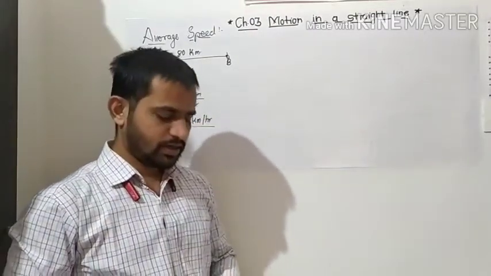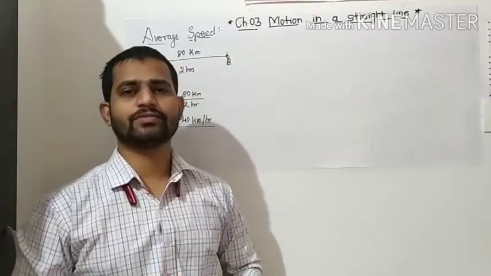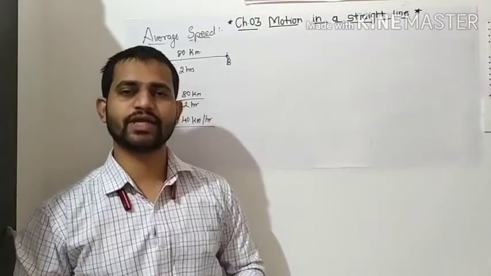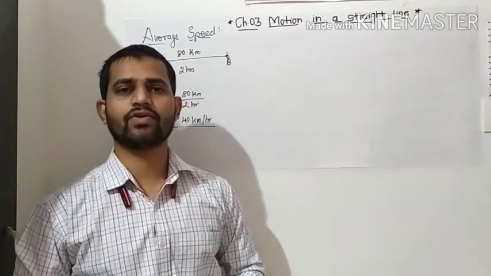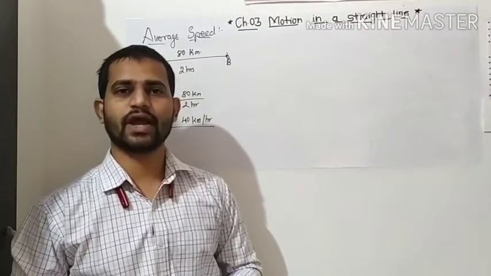But during these 2 stations, there are lot many interruptions, lot many distractions. So sometimes it has to reduce its speed, sometimes it has to increase its speed, and it is not going with a constant speed. Then in that case we have to consider its average speed.